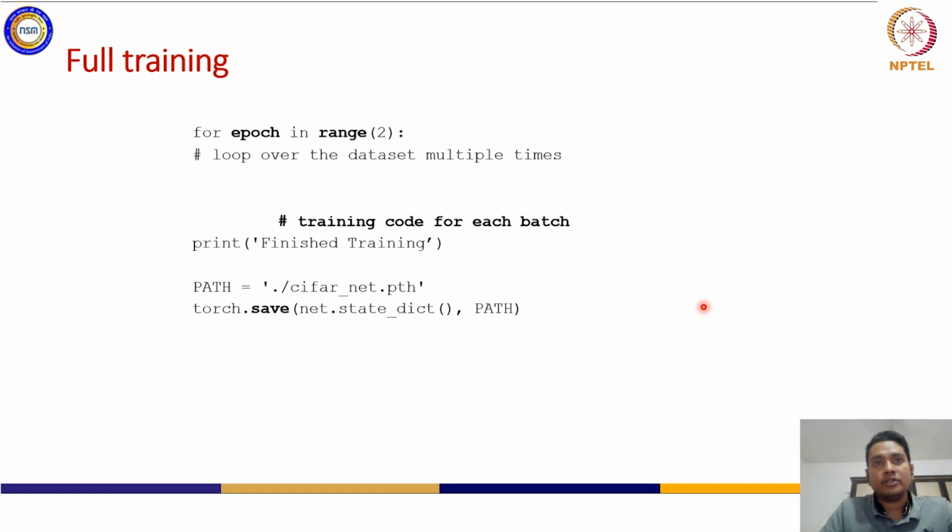For this, you need to save to one path defined by this path variable. So basically you are saving the network plus the weight parameters, because when you load the network model, you load the entire parameter set that you have already stored, and those parameters will be used for your inference or testing or validation.